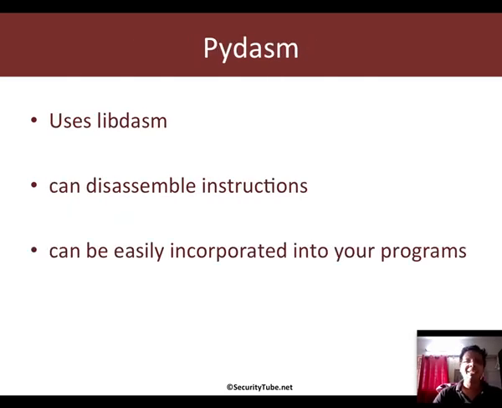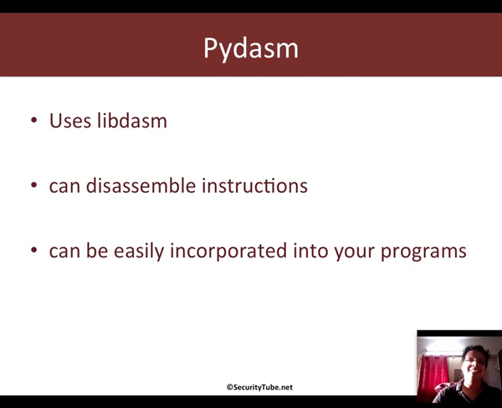Now, what is Pydasm? Well, we need some way to disassemble all those binary instructions going into the processor into their assembly language equivalent. There is a C library called libdasm, which can be used to disassemble these instructions, and Pydasm is basically the Python bindings for the same library.